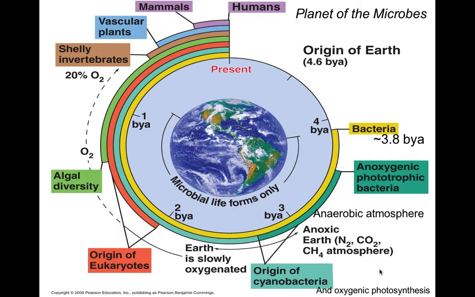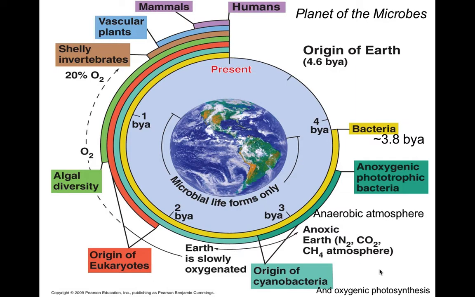And it wasn't until the evolution of chlorophyll A in cyanobacteria, and there's some debate on when that occurred, but with the evolution of chlorophyll A by cyanobacteria, they started pumping out molecular oxygen into the atmosphere, and slowly, the Earth's atmosphere became aerobic. Today we have an oxygen concentration in atmospheric air of about 21%.